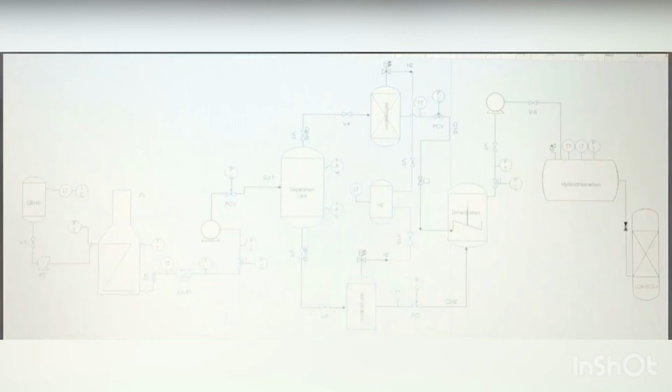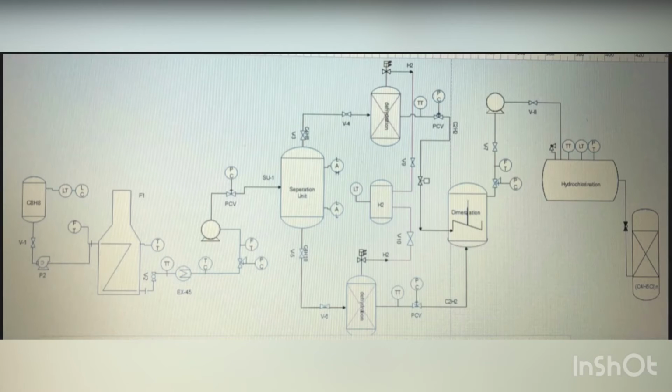After that, the substance passes through the heat exchanger and through the temperature transmitter and the temperature controller. They are needed in order to know what temperature the substance has.